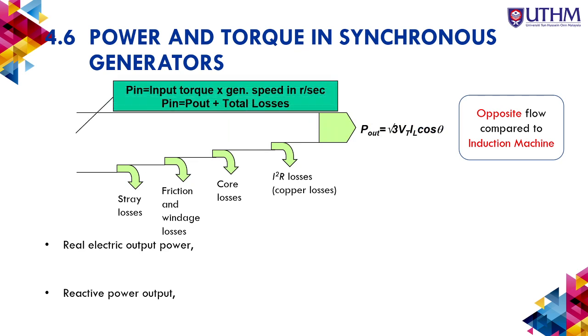So the equation for P out is this one: P out equals three Vt IL cos theta. For IL, look at the relationship between IL and IA. You have to remember that.